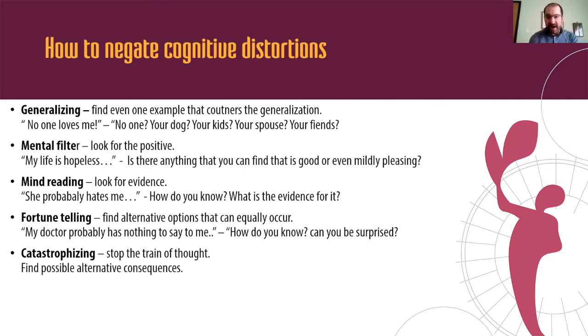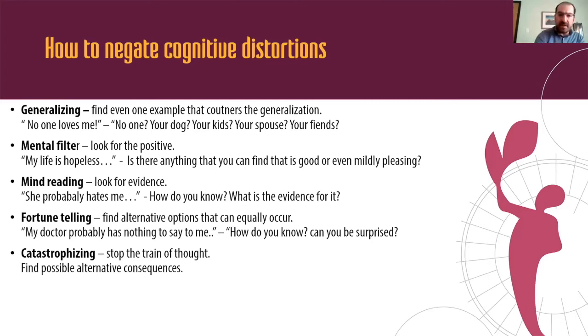Can we find even one thing that is good or even mildly pleasing? Especially when we work with these thoughts where we keep looking only at the negative, we can start deliberately finding these tiny things that might be even mildly pleasing.